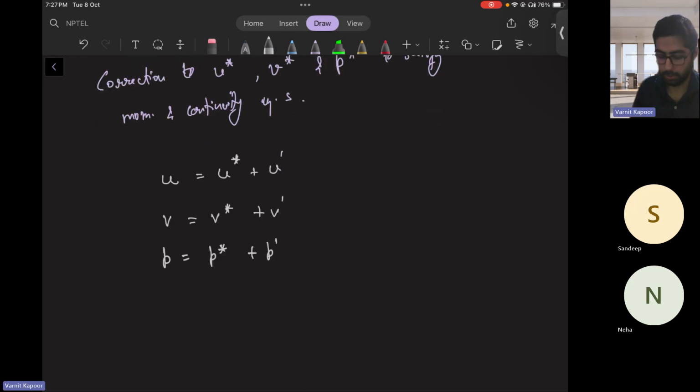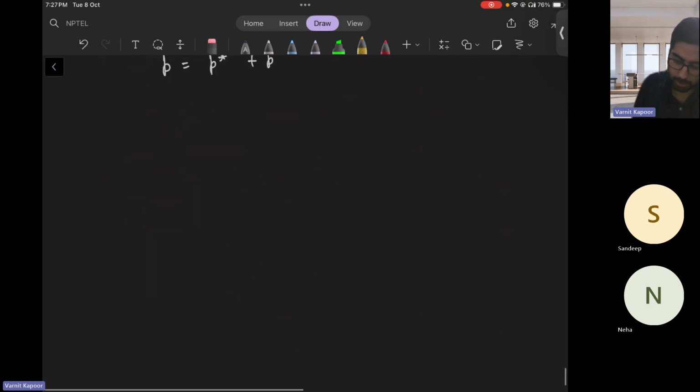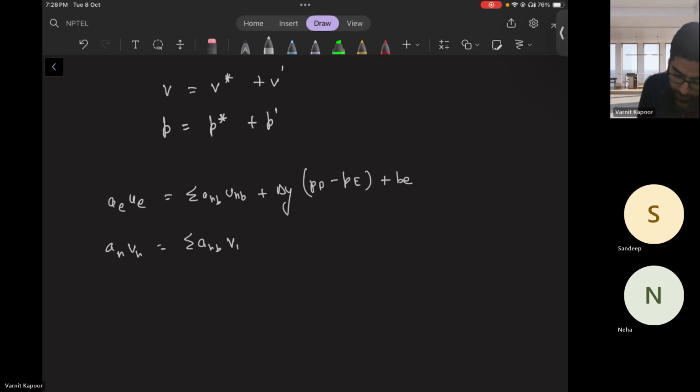Suppose this set of equations with star is set 1. Your actual equations were these: AE UE is equal to summation of ANB UNB plus delta Y times (PP minus PE) plus BE, and AN VN is equal to summation of ANB VNB plus delta X times (PP minus PN) plus BN.